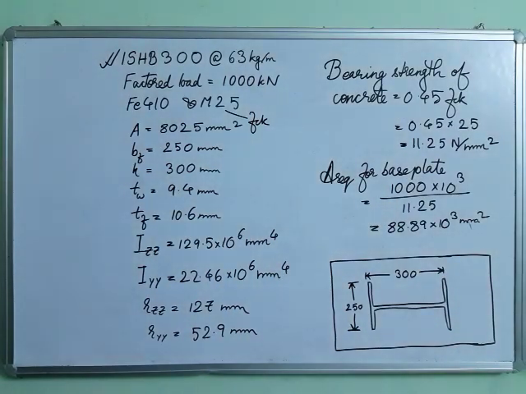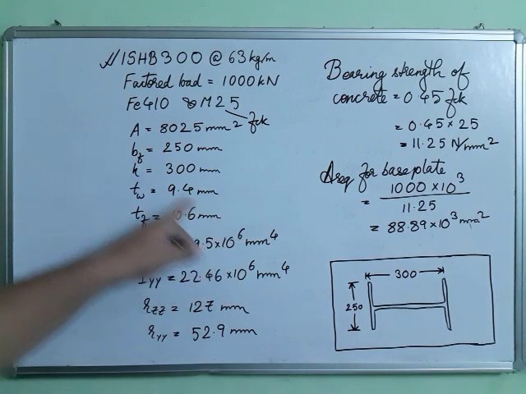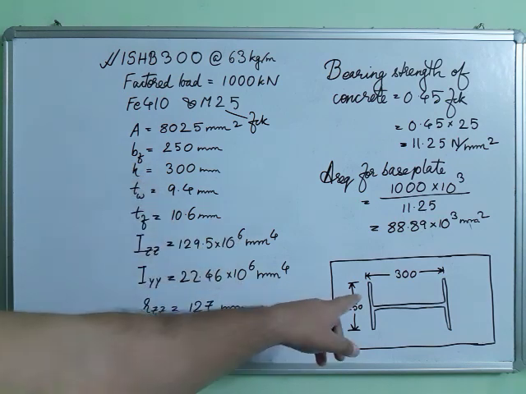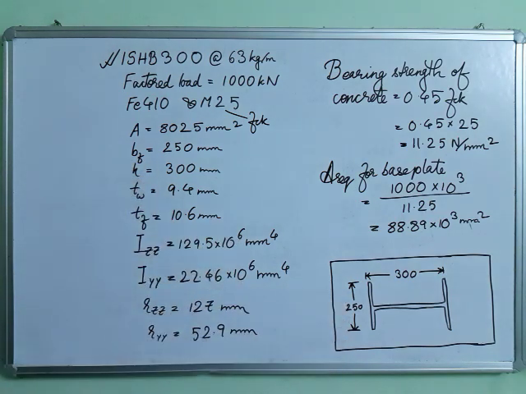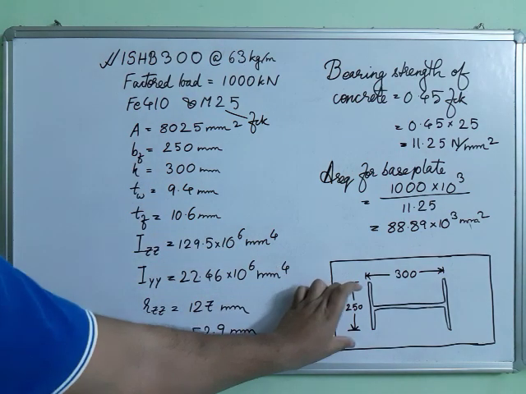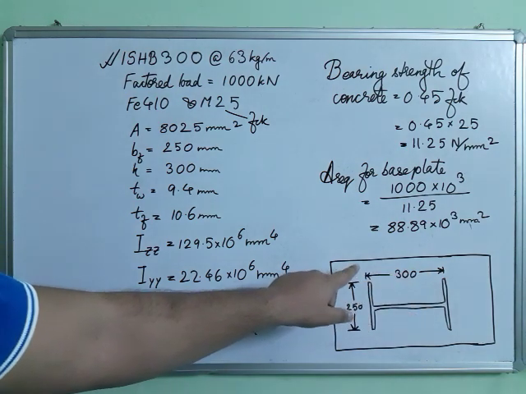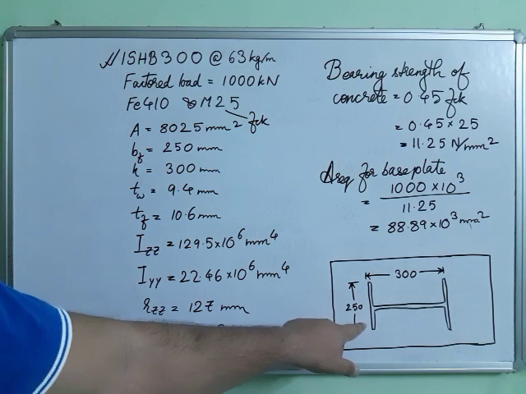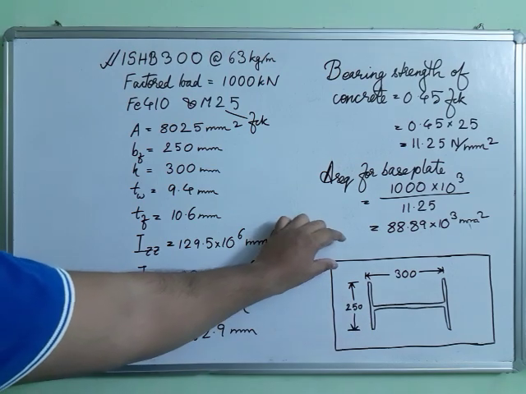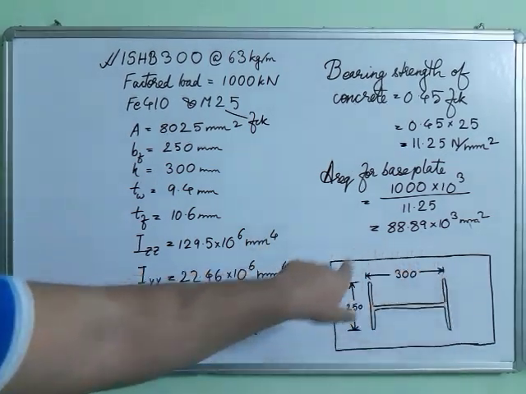So this is the dimension of H and BF, from the steel table. Like values of H and BF from the steel table which we have got. We have mentioned it here. This is H for the steel column, and this is BF for the steel column. And let us consider that this is the base plate.